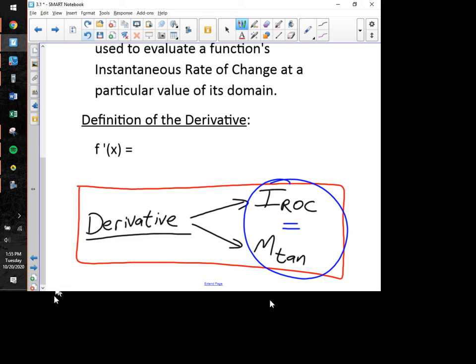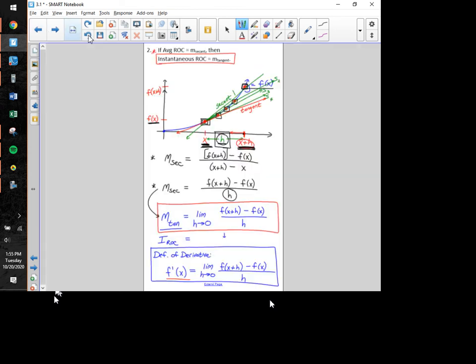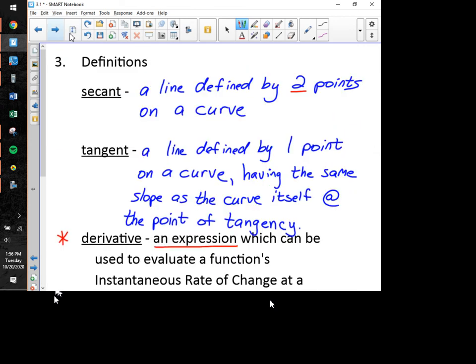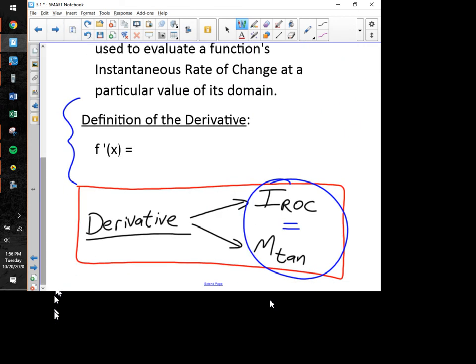Okay, so I realize now, guys, that this right here, sorry about that, definition of the derivative, that's exactly what I had you write down at the bottom of the page right here. Certainly isn't going to kill us to do that again. If it does, I'm sorry. But anyway, here goes. So again, the definition of the derivative, f prime of x, that's the expression that we are finding, is the limit as h approaches 0, one more time now with feeling, of f of x plus h minus f of x all over h.